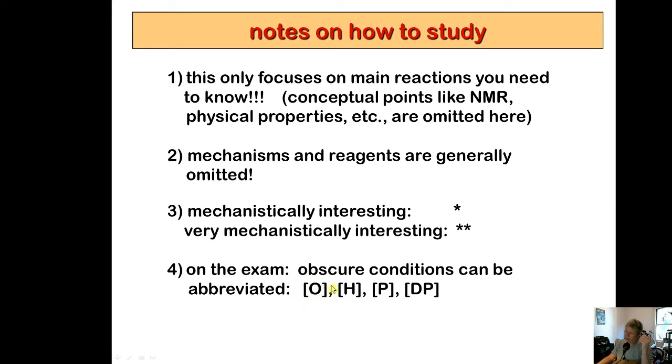Obscure oxidations can be abbreviated as bracket O bracket. For you guys with an open note exam, this is maybe not as important. But we try to emphasize not memorizing crazy reagents that do obscure reactions, but really emphasizing synthetic strategy. For an obscure condition like an oxidation or reduction that has a weird reagent, you can always abbreviate those as bracket O bracket.